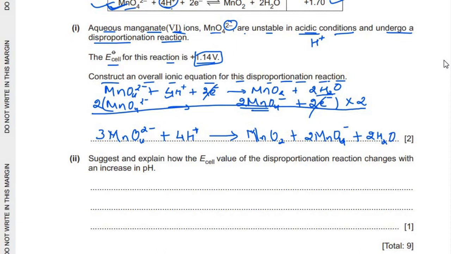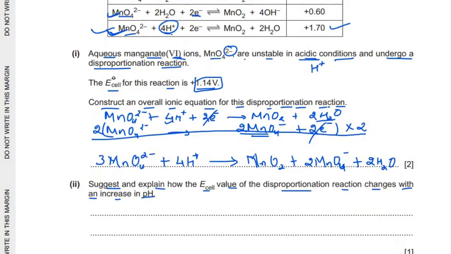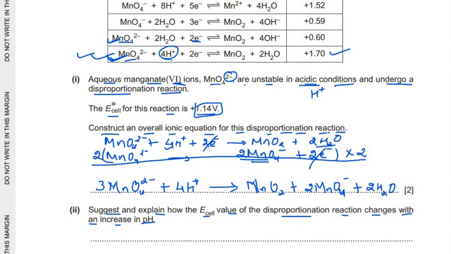The second part is to suggest and explain how the E cell value of the disproportionation reaction changes with an increase in the pH. Now let's have a look at this equation where H+ is used. Understand, an increase in the pH means a decrease in the H+ ions, because the acidity decreases with the increase in pH. So the concentration of H+ ions decreases with the increase in pH.